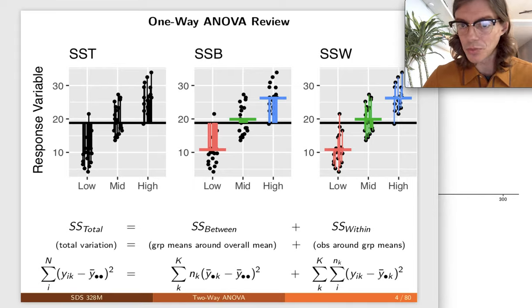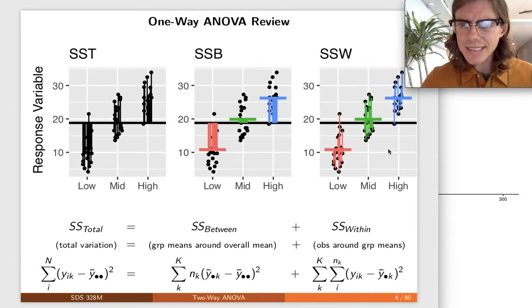So this blue bar is the mean for the high group's tooth growth. You see how far each individual is from that mean, square it and add it up. Do the same thing for the middle group. How far is each guinea pig's individual tooth growth in the middle group from its middle group mean, square those and add those up, and do the same thing for the low group, right?